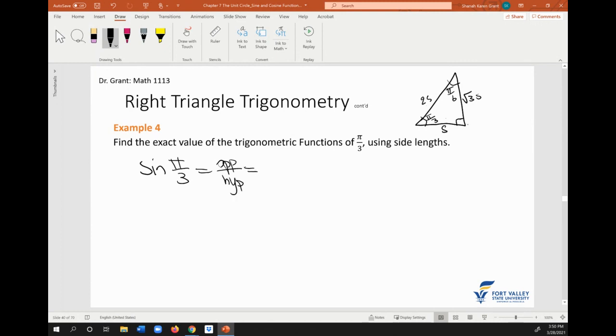That's going to be equal to root 3 S over my hypotenuse, which is 2S. The S's will cancel, so this is just going to be root 3 over 2.